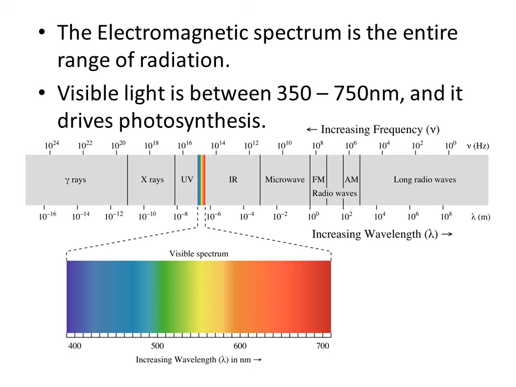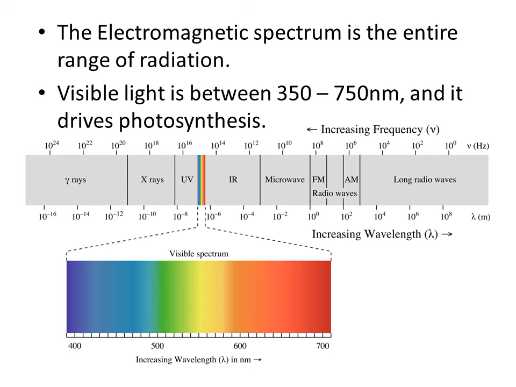The most damaging wavelength radiation is gamma rays, and the one that causes the least damage is radio waves, all the way to the far right. This electromagnetic spectrum is organized based on the distance from the top of a wave to the top of the next wave.